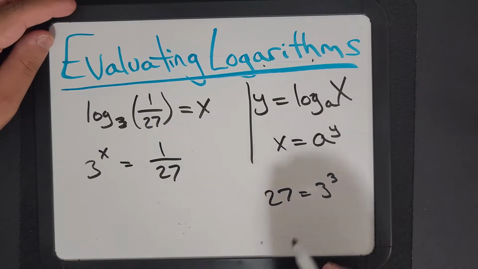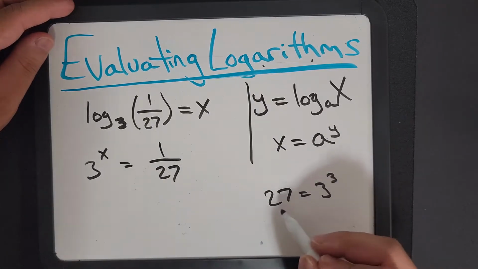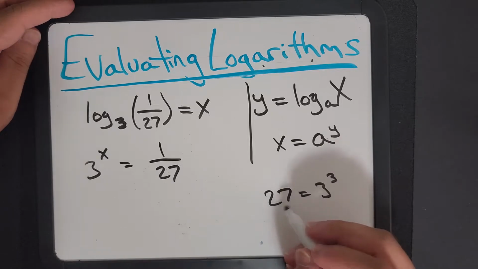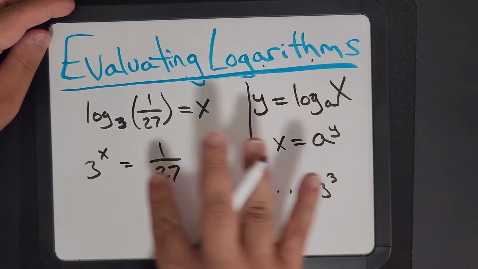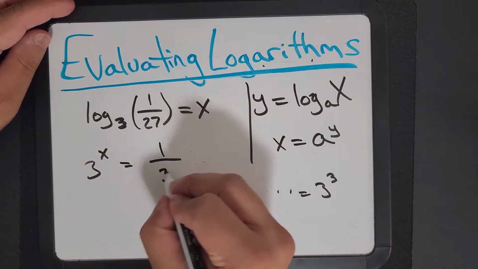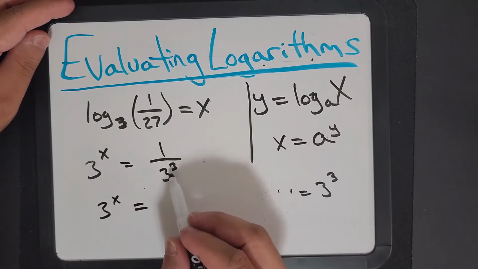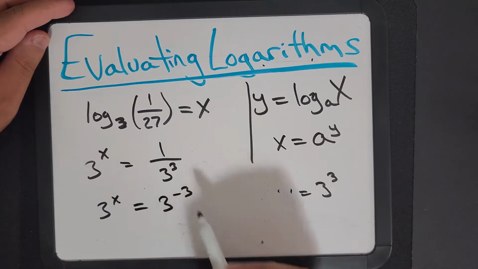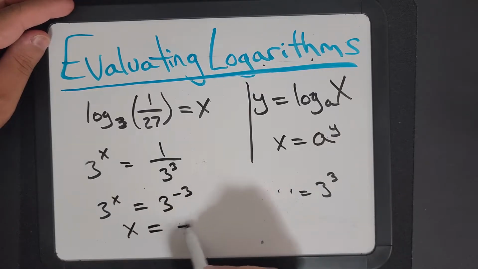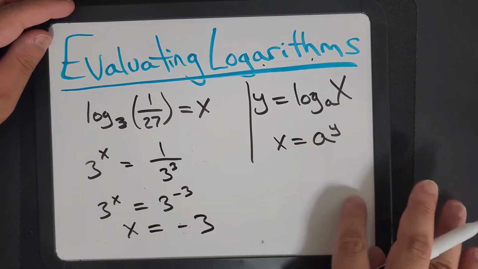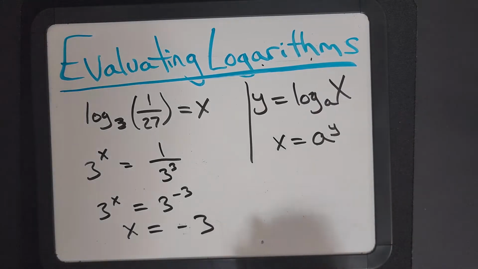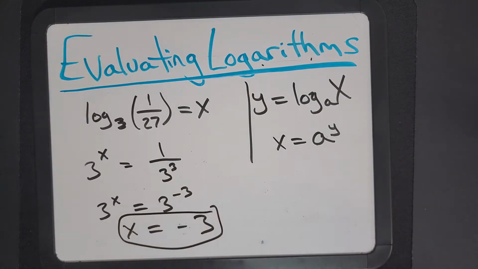So I can write 1 over 3 cubed, which is the same as saying, bringing that to the numerator, just writing 3 to the negative 3. So I can say x is equal to negative 3. And there you have it. Sorcery at work.